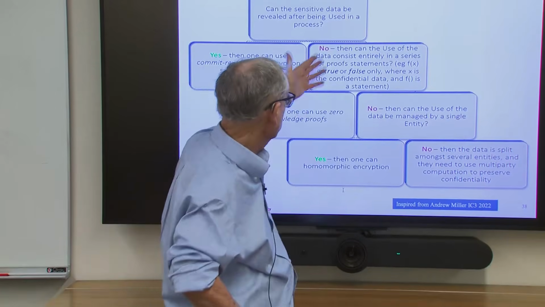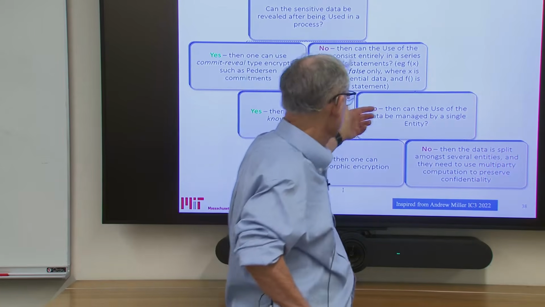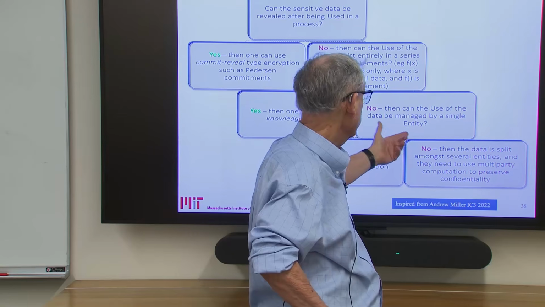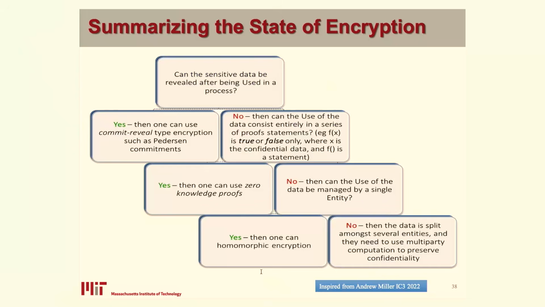On the other hand, if the answer is no, then the new question is, can the use of data be managed by a single entity? And if the answer to that is yes, then you can use homomorphic encryption. But if the answer is no, it can't be a single entity, then you have to split the data up among several entities, and you need multiparty computation for that.